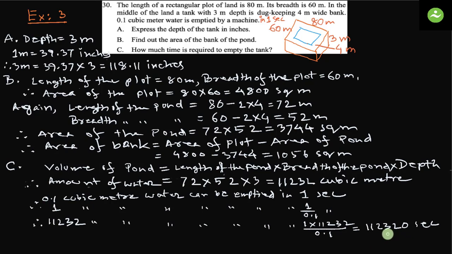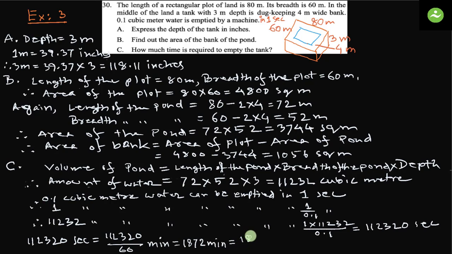Yes, divided by 60 and then again divided by 60. 11232 second equals to 11232 by 60 minutes equals to 1872 minutes equals to, again divide by 60 to make it hour.